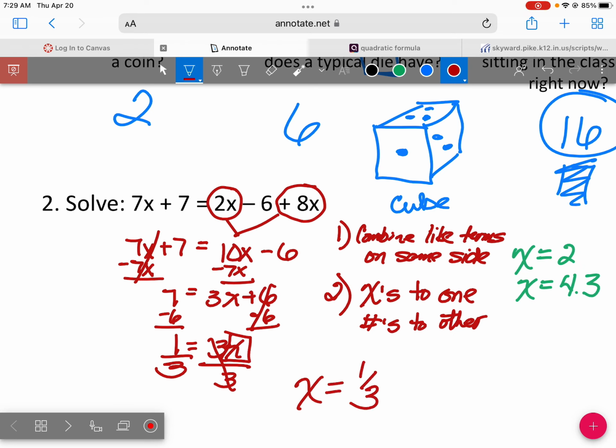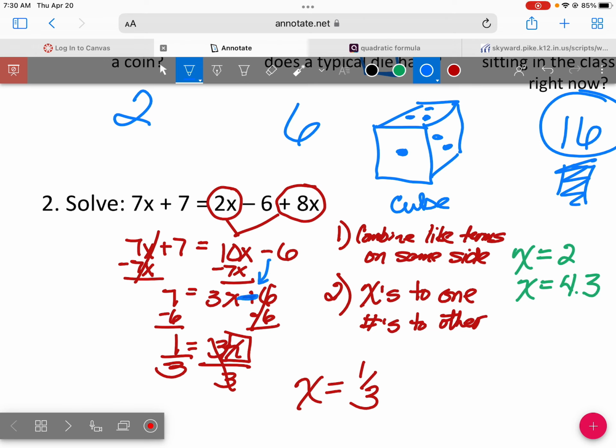Is that what I had on mine? No. Oh, no, it's not. Anybody see my mistake? I made a mistake. Does anybody see it? Yeah, somehow I switched it, and this should have been minus 6. So that's going to change some things.